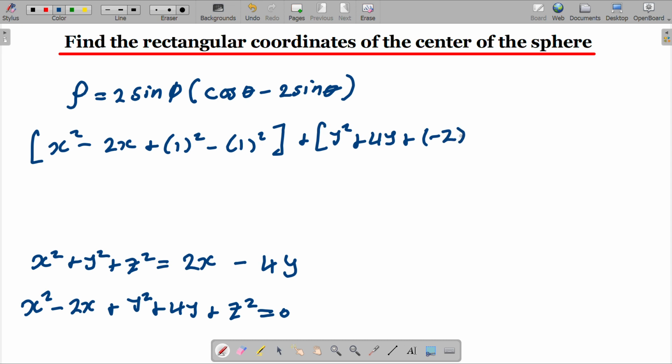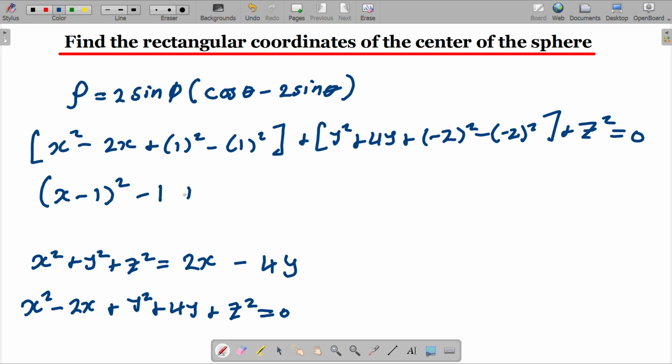That would be negative 2 squared minus negative 2 squared. Then plus z squared equals 0. So this simplifies to x minus 1 squared minus 1, plus y plus 2 squared minus 4, then plus z squared equals 0.